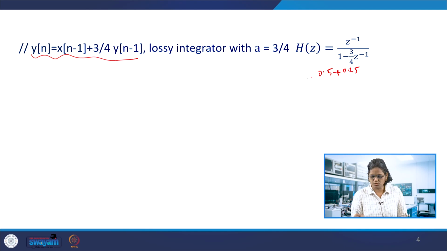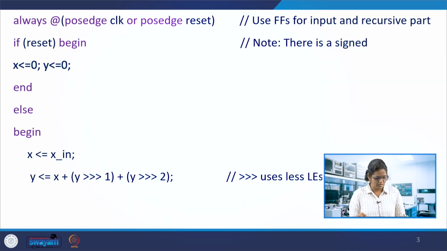Right shift by 1 of the data leads to dividing by 2, and right shift by 2 leads to dividing by 4. So we have used the arithmetic shift, which extends the sign bit as well. If y is going to be a signed number, then the sign extension is taken care of if you use the arithmetic shift.